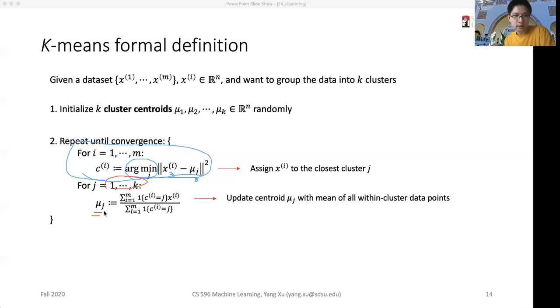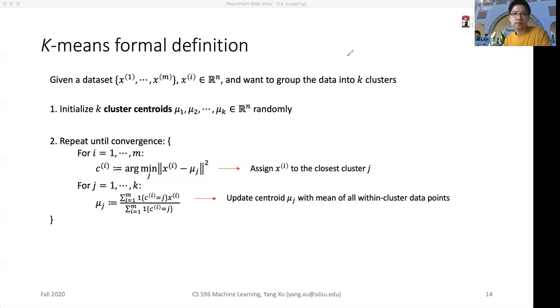So for the cluster j here, for example, we will only use the data points that belong to the cluster j. And this function 1 is the indicator function. It equals one if the expression within the brackets is true. Okay.